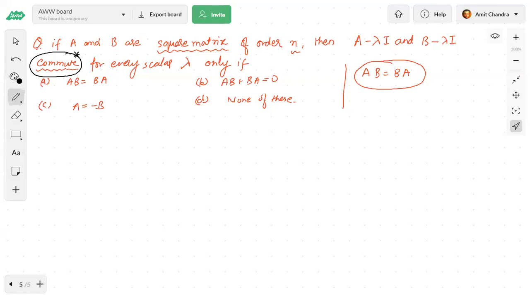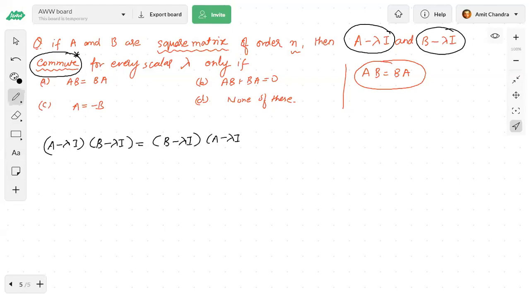Okay, so let's see. If these two matrices are commuting, because these are matrices of n cross n, because the order is n, we can simply write A minus lambda I into B minus lambda I is equal to B minus lambda I into A minus lambda I. If I open the bracket, this will become AB minus A lambda I minus lambda I B plus lambda square I square, and here it will become BA minus B lambda I minus lambda I A plus lambda square I square.